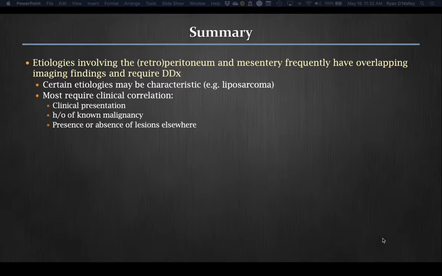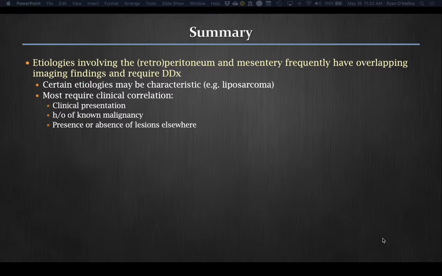And so our job is to characterize all the findings, do a little bit of digging for additional clinical information, and try to use all of that to present something that is comprehensive or cohesive. And it may require just giving a differential, but we can at least order the differential in a more narrowed or logical fashion based on what information we have.